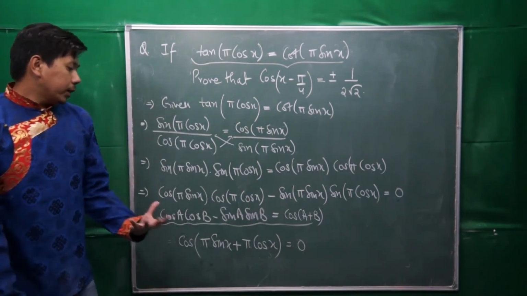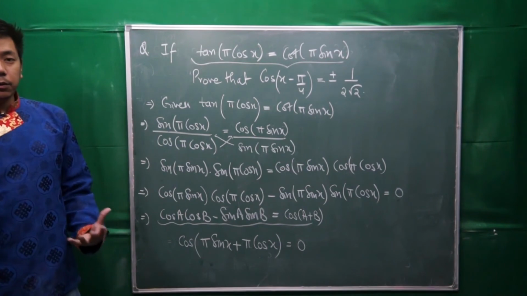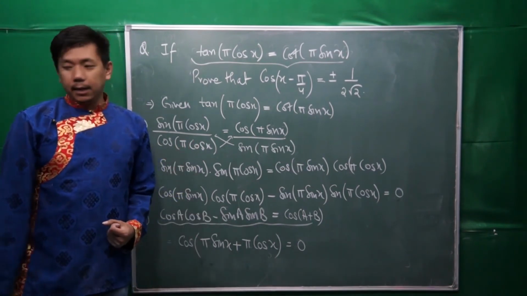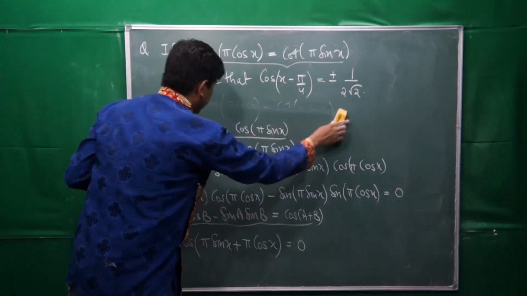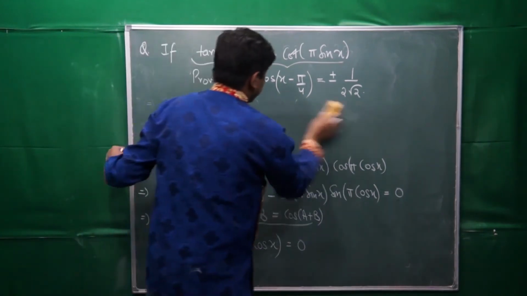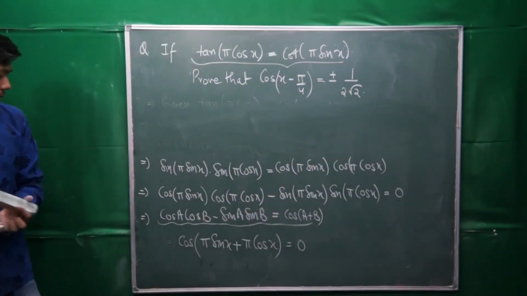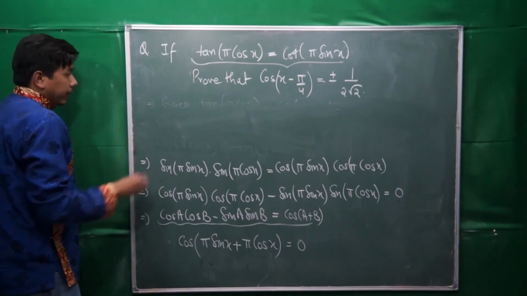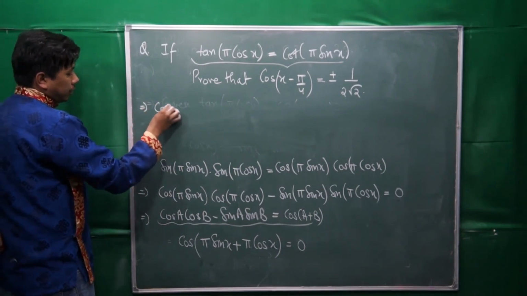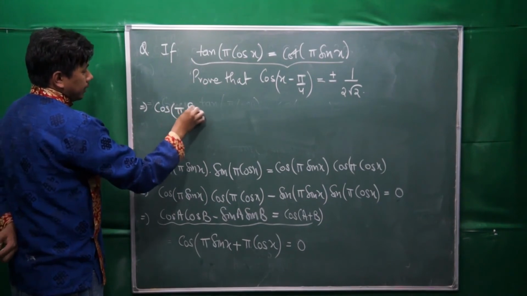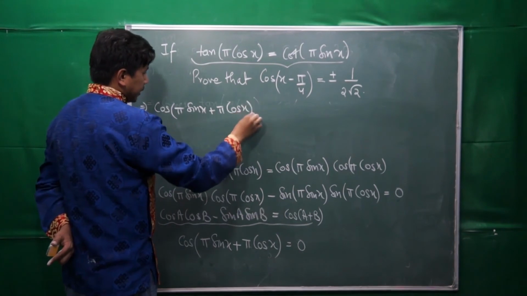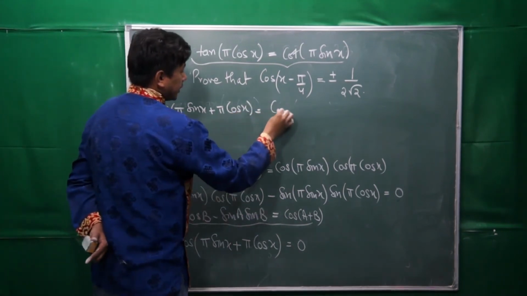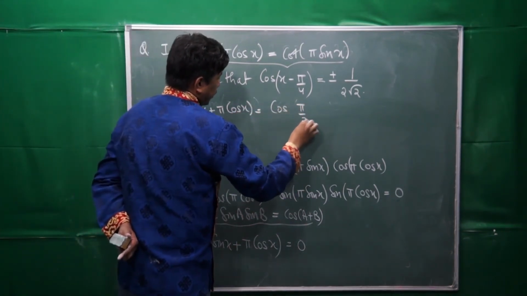Clear? Now what is the value of 0? It is equal to cos 90 degrees. Clear? So let's erase the spot. Alright. So we can write it as cos of (pi sin x plus pi cos x) is equal to cos pi by 2.